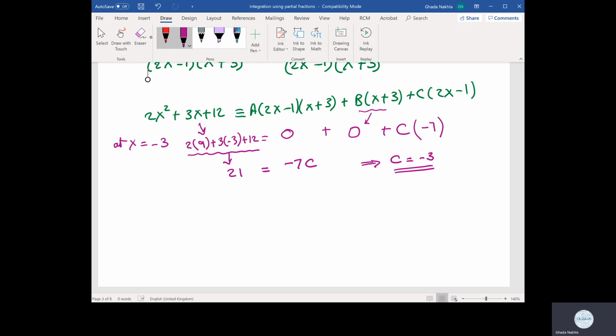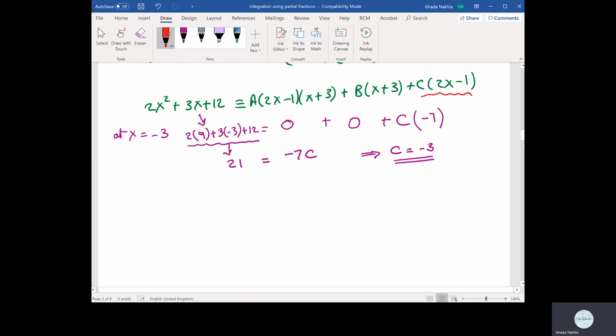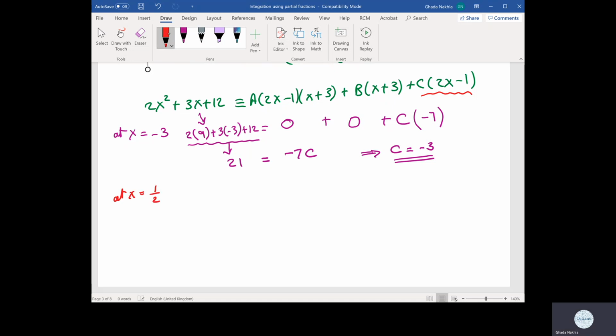Now, let's try and think what makes this bracket equal to 0. What is the value of x that will make this bracket 0? x equals 1/2. So let's substitute x equals 1/2. So again, we're substituting into this one here.